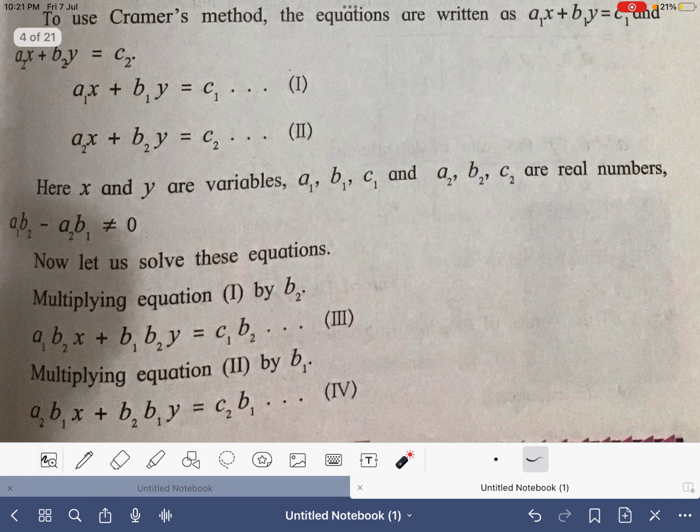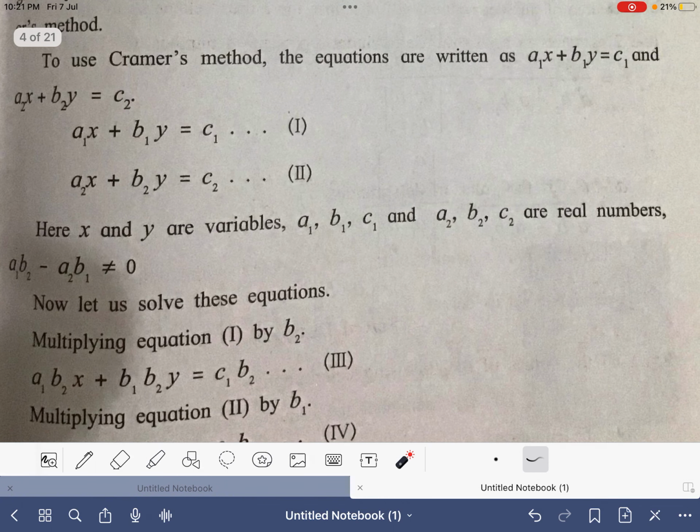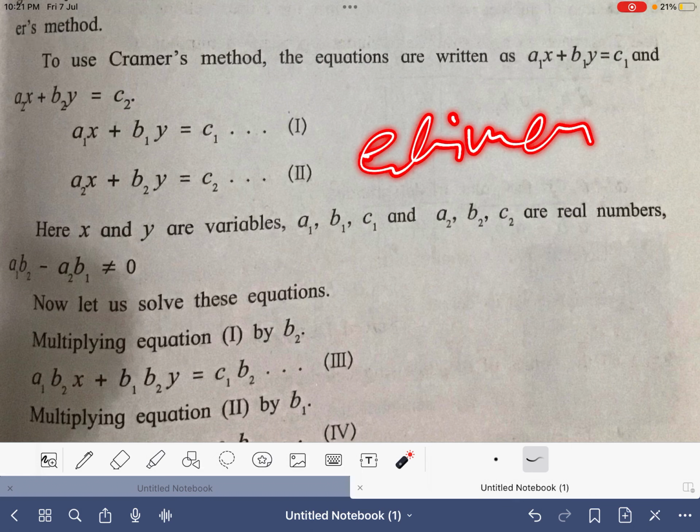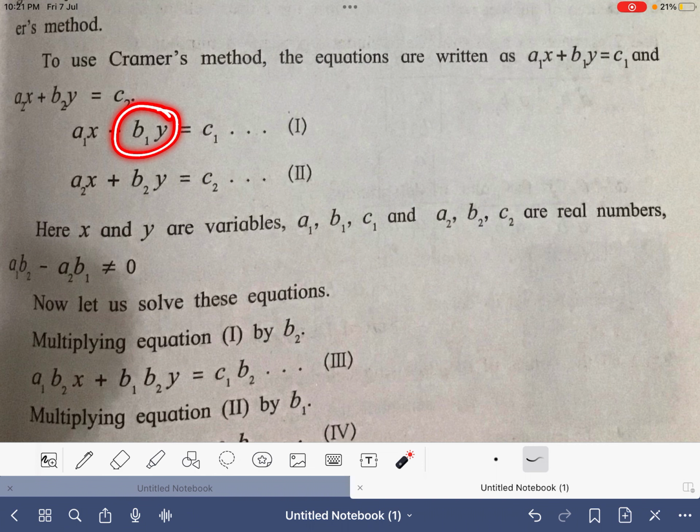Here we are applying the elimination method to derive the formula of Cramer's rule. If you want to eliminate a term, look at this: here is b1y, here is b2y. We want to eliminate y.